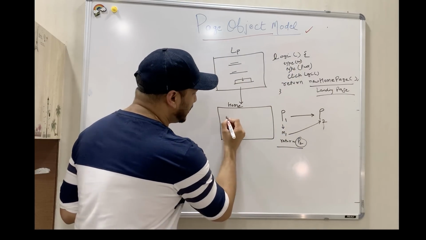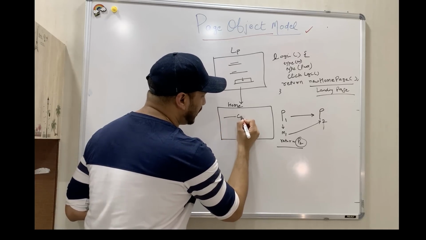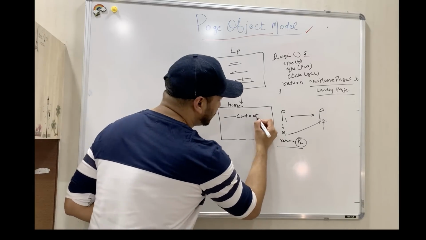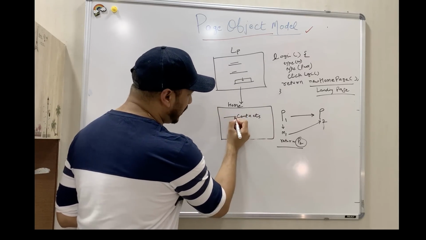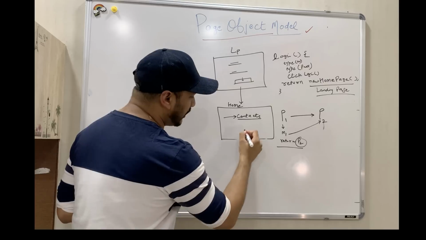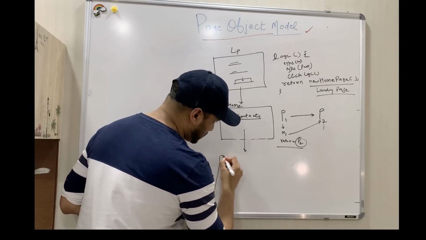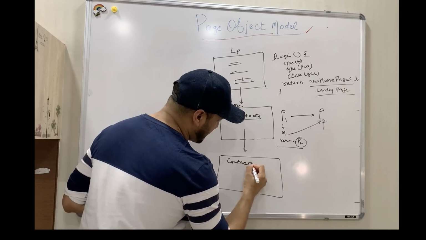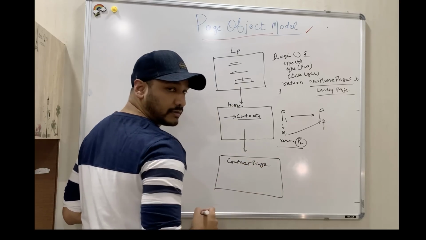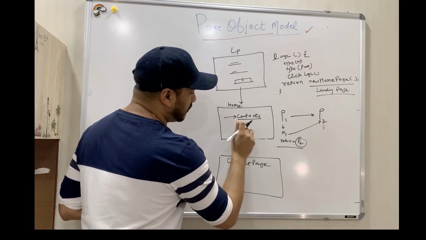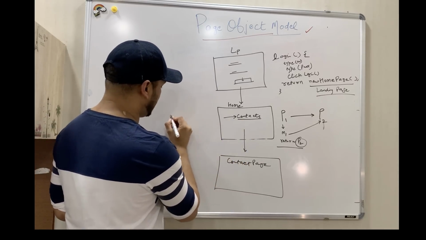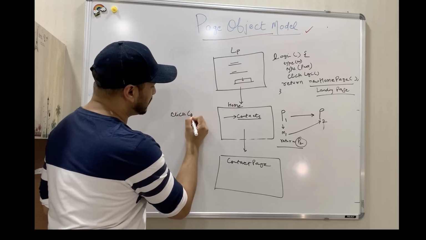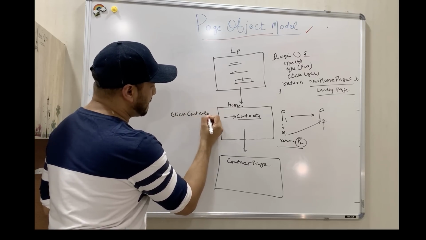Now let's see, there is a button or a link. The link name is contacts. When you click on this particular contacts link, you are landing on a different page. This is my contacts page. Right, guys? Now, obviously, I'll be writing a method over here. My method name is click contacts.